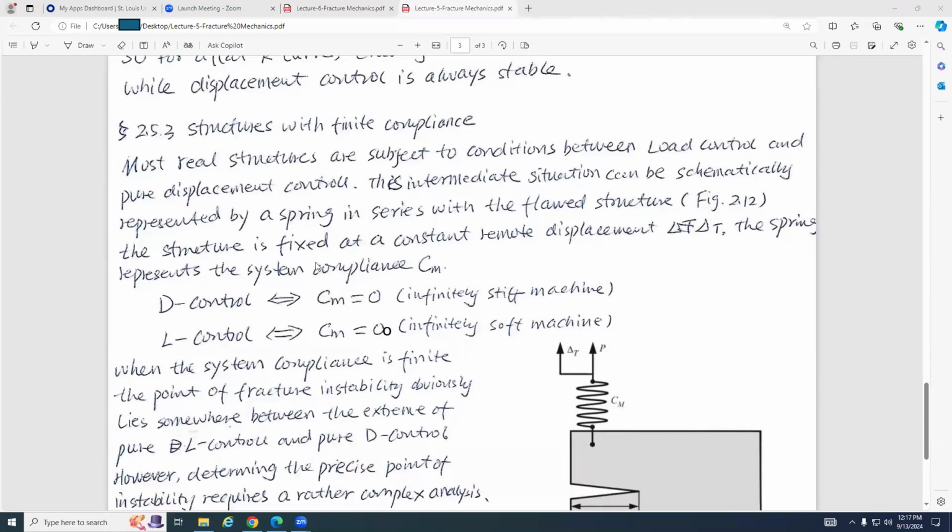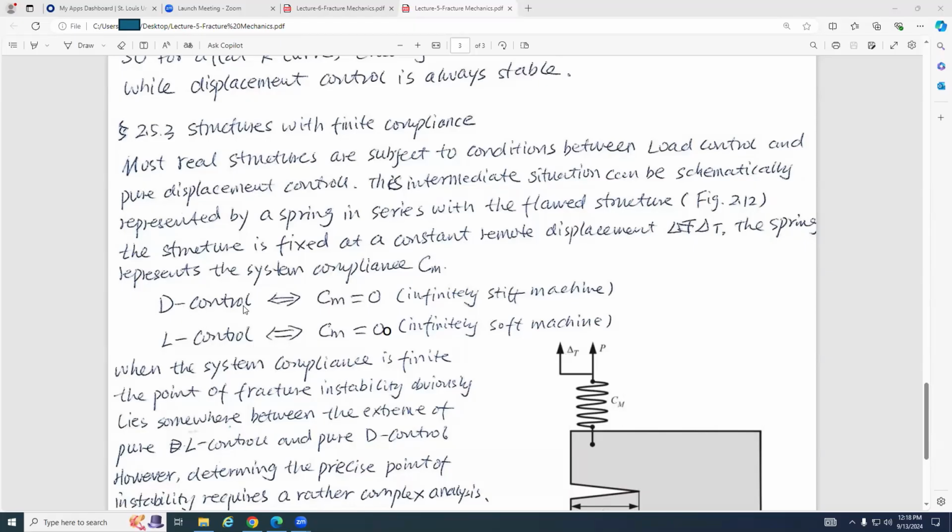The structure is fixed at a constant remote displacement, delta T, and the spring represents the system compliance CM.